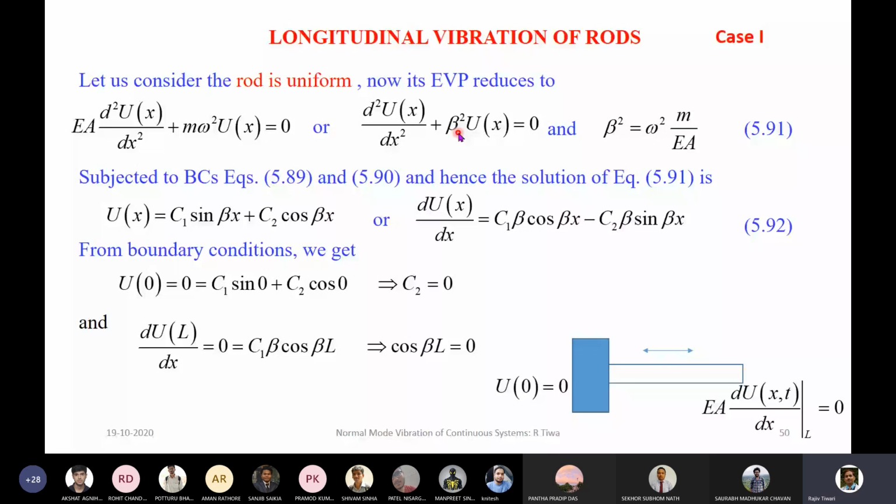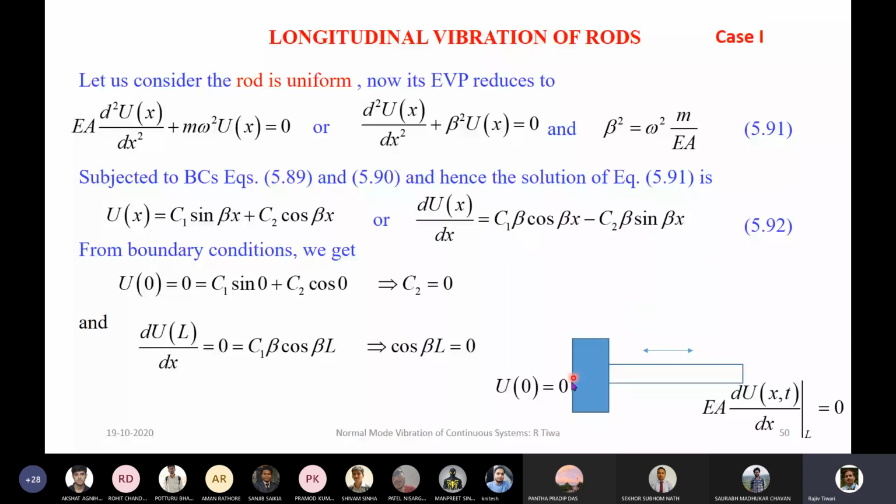So this is the solution we are assuming, and C1 and C2 we need from the boundary conditions of the problem. This is the boundary condition which involves the derivative also of this function. So we have taken the derivative of this: C1 beta cos beta x minus this.